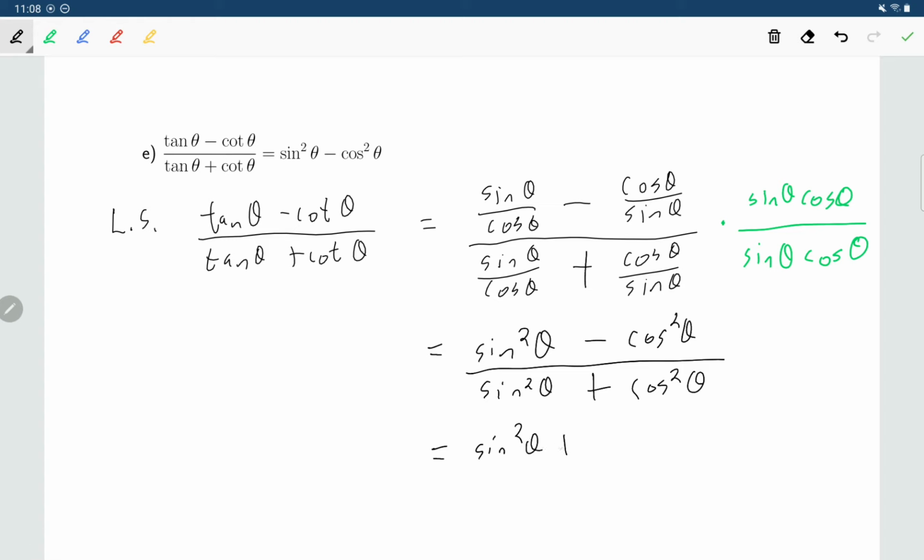So I have sine squared theta minus cos squared theta over 1, which of course is just the same thing as what you have on the right side of your equation. That is just sine squared theta minus cosine squared theta. So we had originally tangent minus cotangent over tangent plus cotangent, and we've shown that that can be simplified into sine squared minus cosine squared.